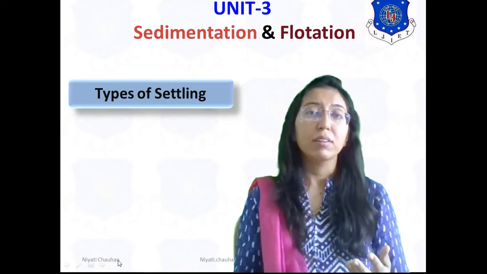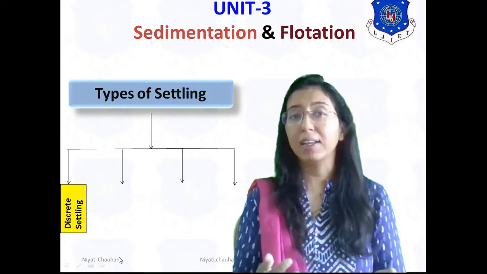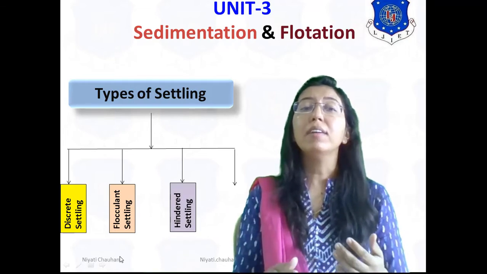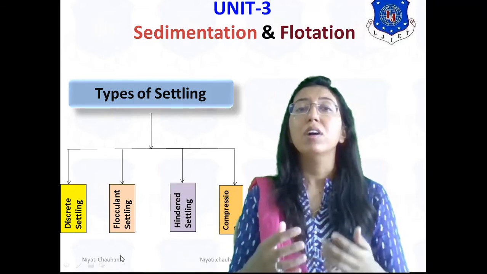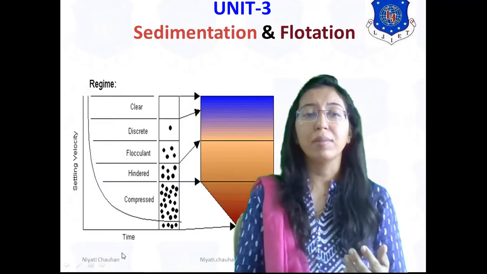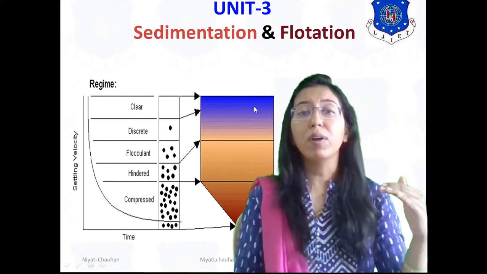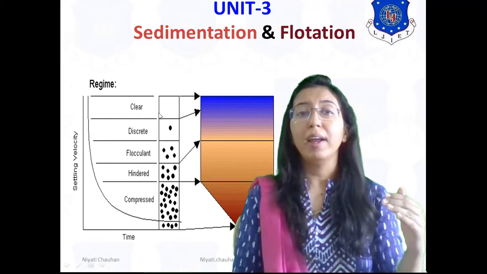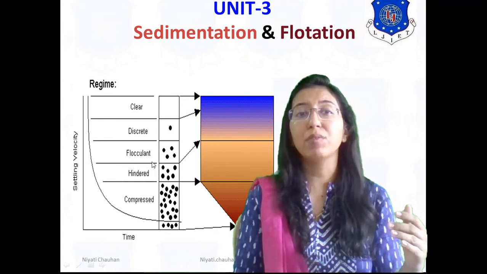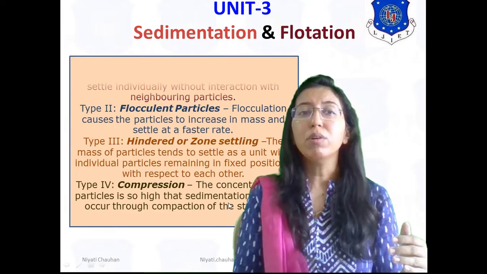Types of settling. There are four types of settling. Number one, discrete settling, then flocculant settling, hindered settling, and lastly compression. You can see in the diagram that at the top, clear water is shown, and then the next layer is discrete particles, then flocculant, then hindered, and then compressed.